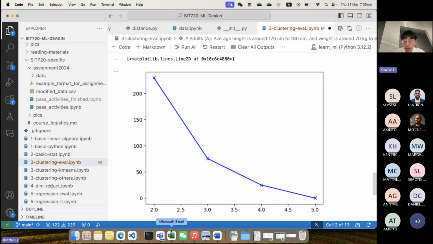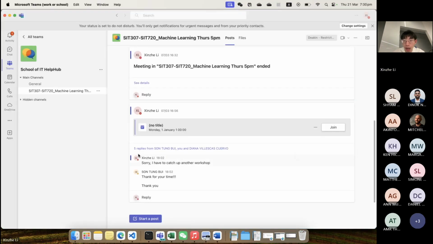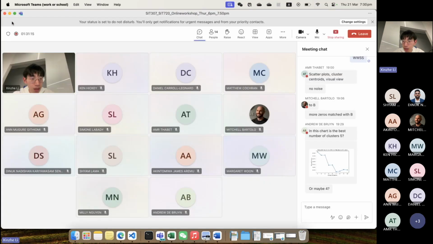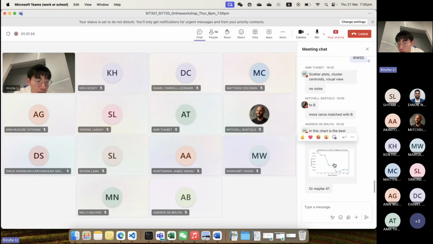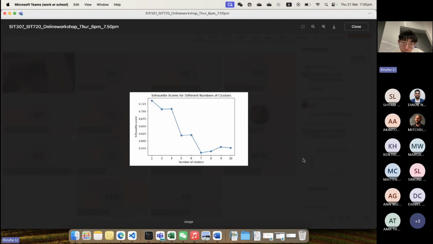But for the silhouette score, does that make sense? Let me look at this. Okay, someone just gave me the plot for the silhouette score. Wait, let's look at this chart. Is the best number 5? Can anyone tell me?